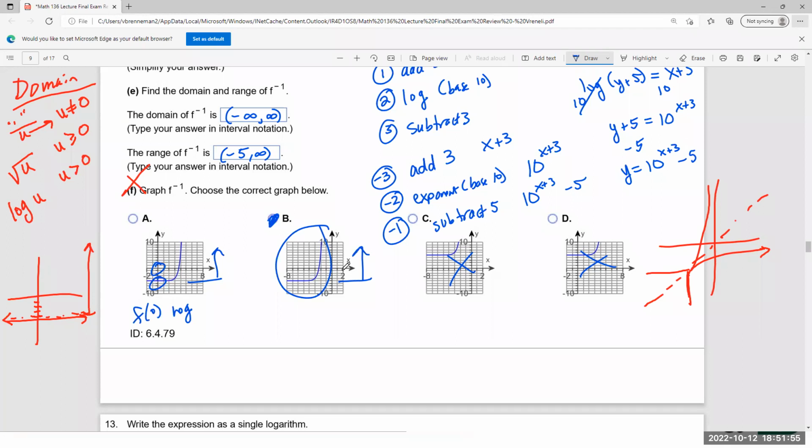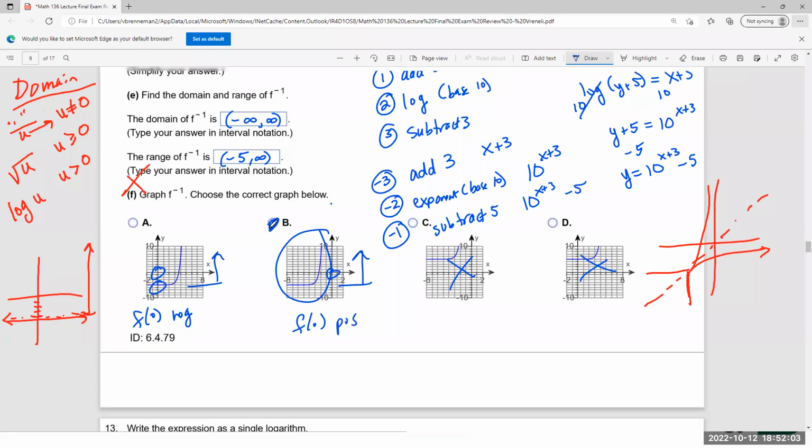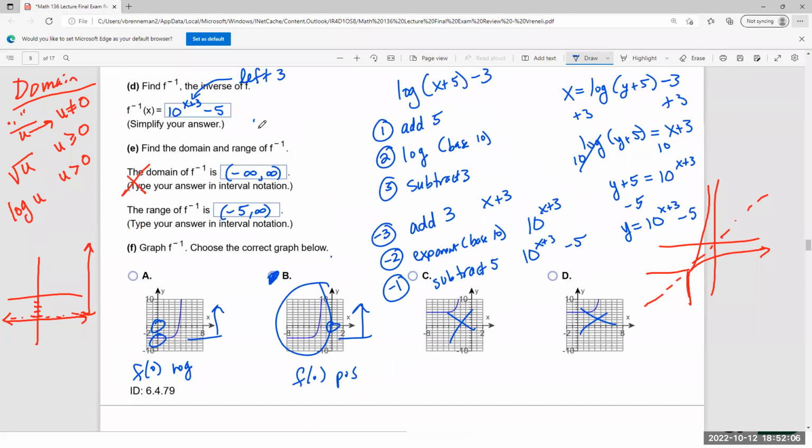And then on this graph, when I get to 0, it's going to be a super large positive. So I just plug in 10 to the 0 plus 3 minus 5. And that would be 10 cubed minus 5. That's 1,000 minus 5.